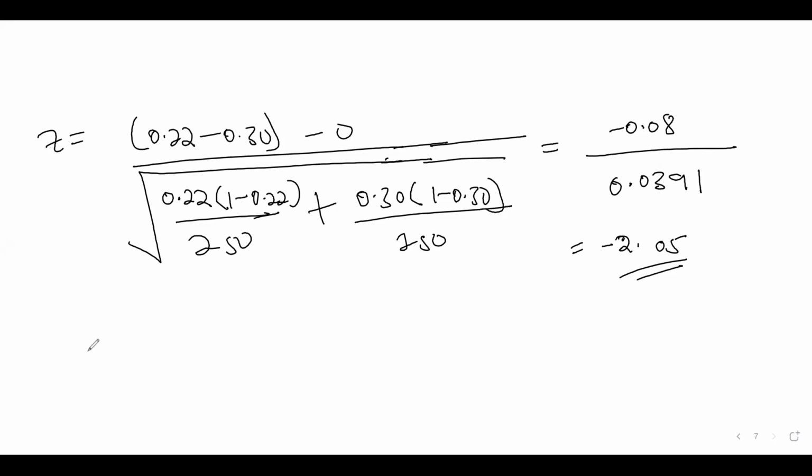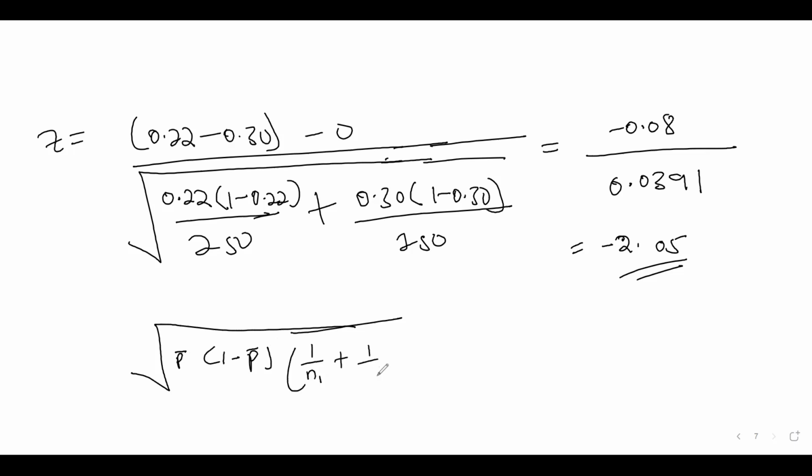But if you want to use the other formula for finding the denominator, the other formula for standard error, that formula is the square root of pooled proportion into bracket 1 minus pooled proportion, times 1 over N1 plus 1 over N2, okay?